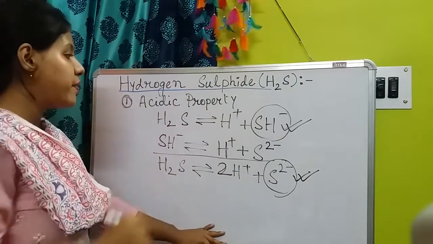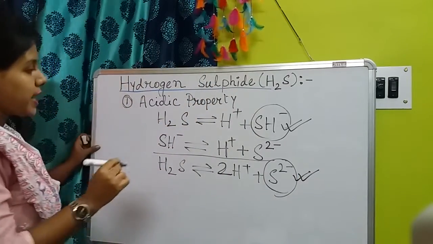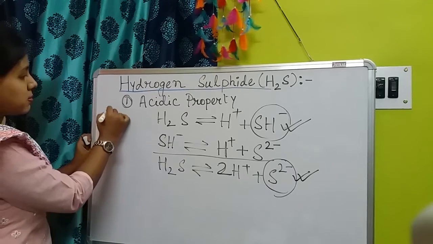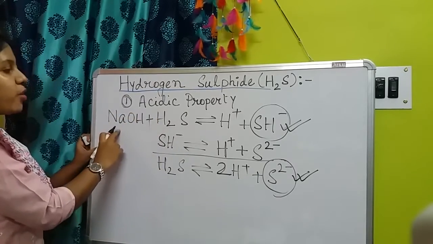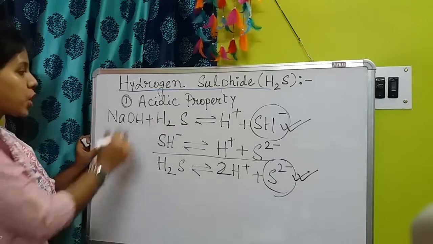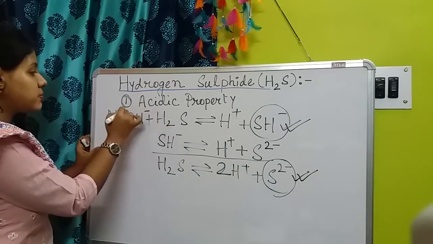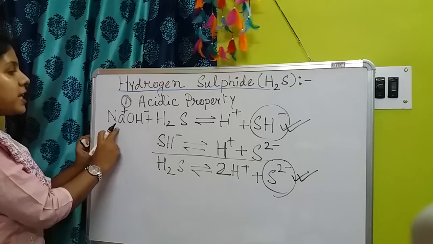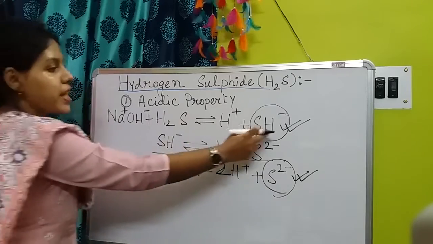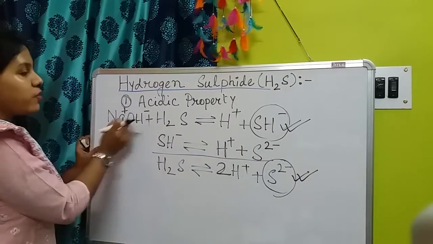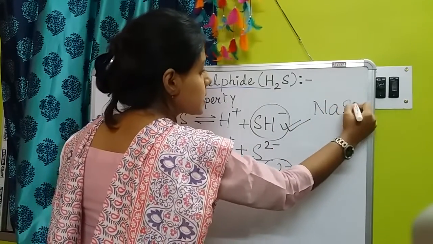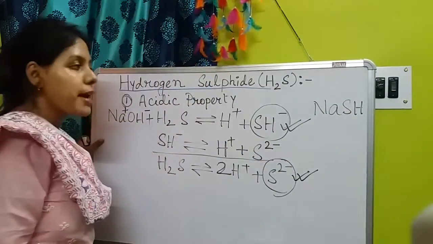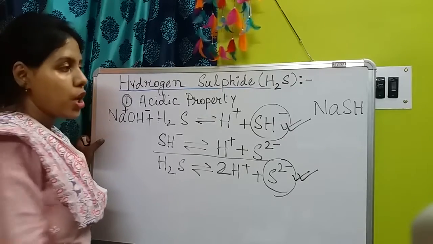Whenever we react NaOH plus H2S, what will happen? The cation will be added to the anionic part, forming a salt, that is sodium bisulfite.